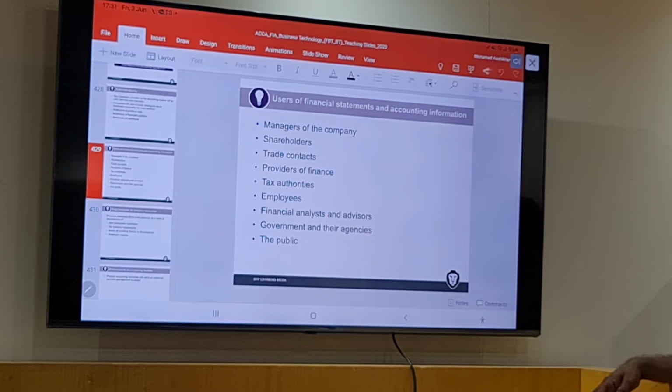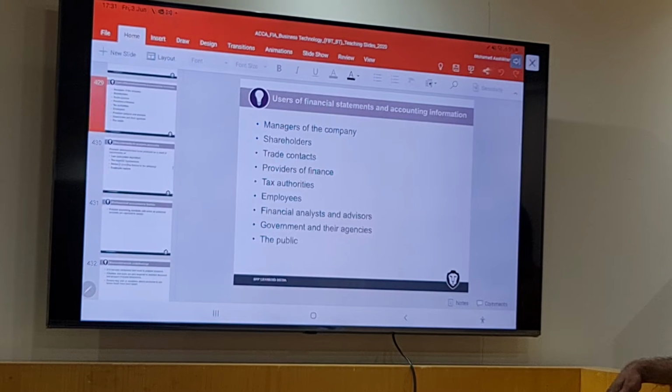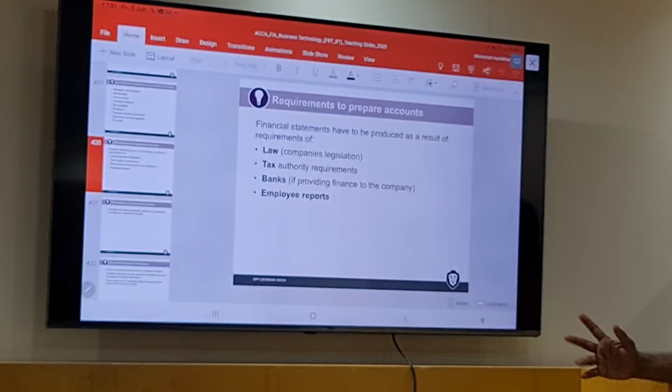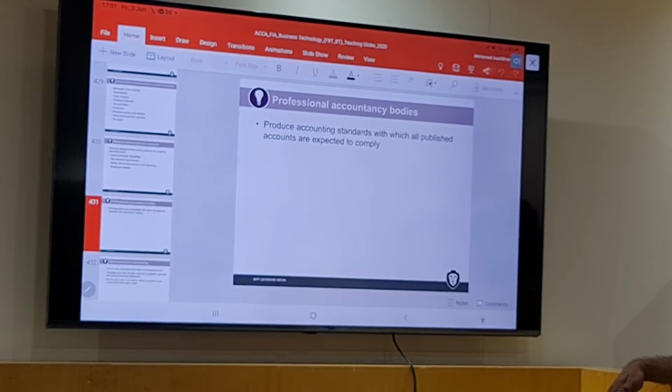Now we talk about requirements to prepare accounts. Law, tax authority, banks need, employees need. Professional accountants produce accounting standards which published accounts are expected to follow: IASB, International Accounting Standards Board, or IFAC, International Federation of Accountants.